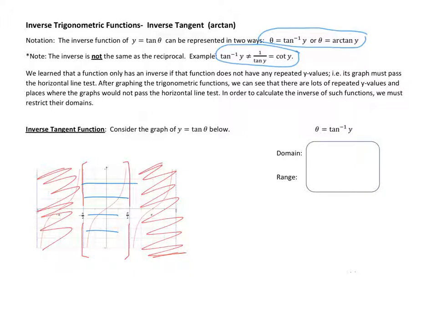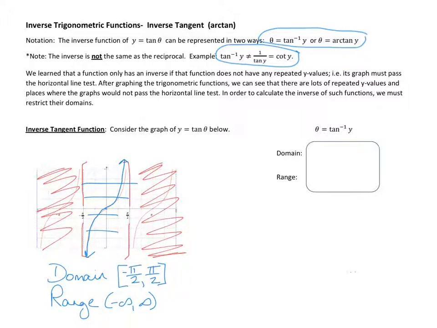For what I've drawn, we have restricted the domain from -pi/2 to pi/2. And if you think about the range, the range is the y value. Remember, this thing goes down forever and it goes up forever. So my range will be -infinity to +infinity.